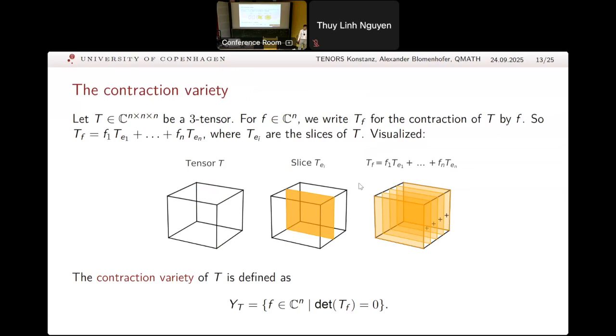So actually the answer to your question should be yes. The Chow rank is always smaller than the symmetric rank, because every symmetric rank decomposition also yields you a Chow decomposition. But usually it will probably be lower. Well, we don't know for concrete things. Yes, exactly.